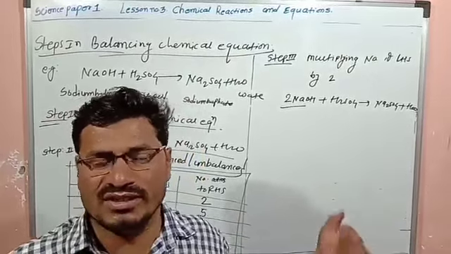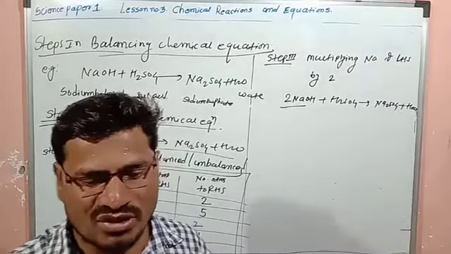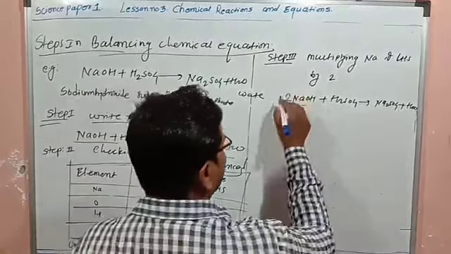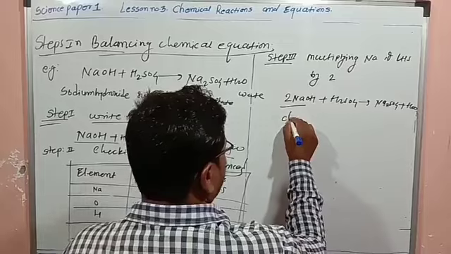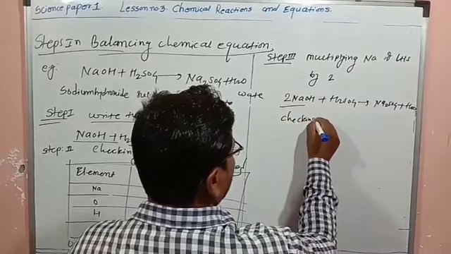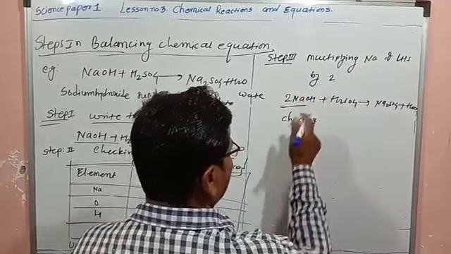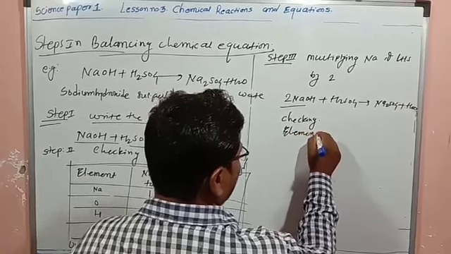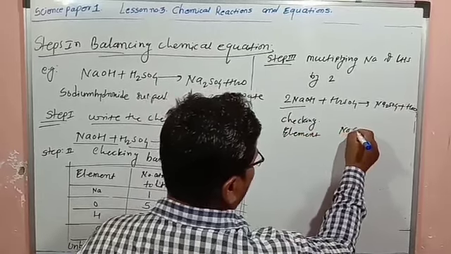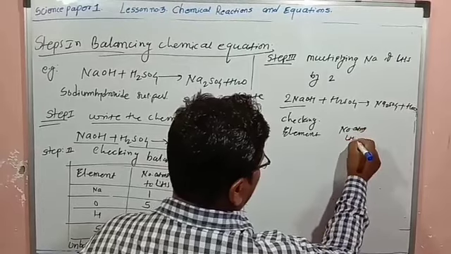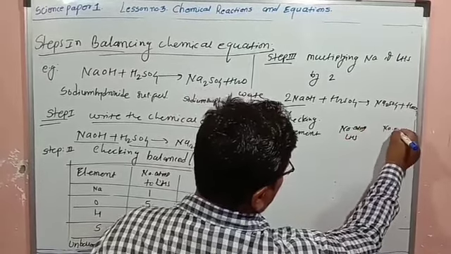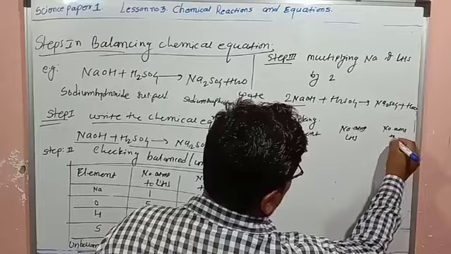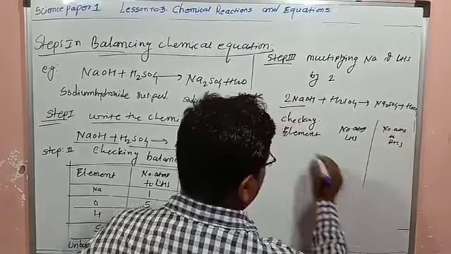You have to check whether this chemical equation is balanced or unbalanced. Checking again: element, number of atoms on LHS, number of atoms on RHS.